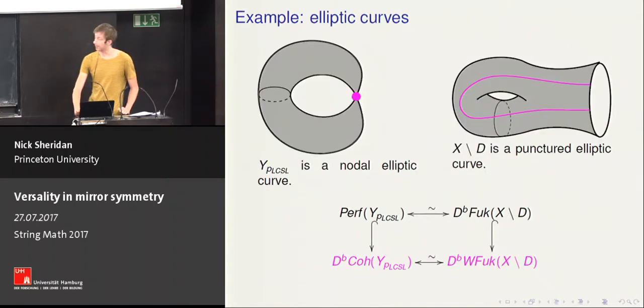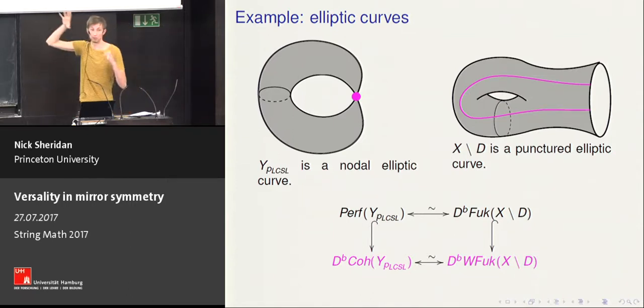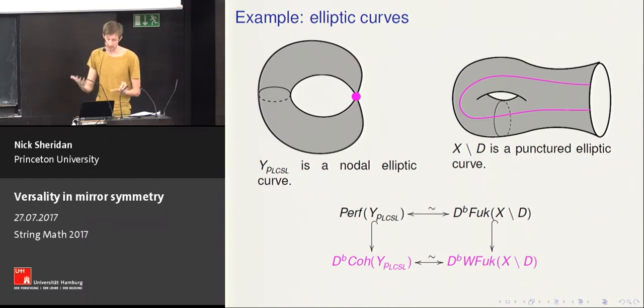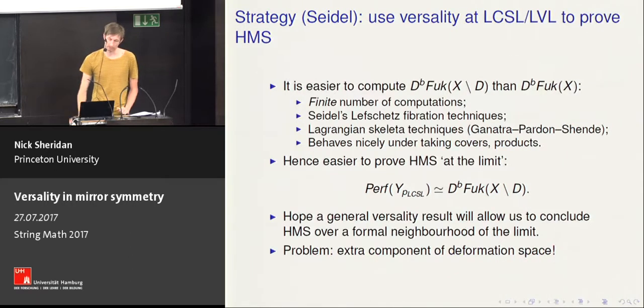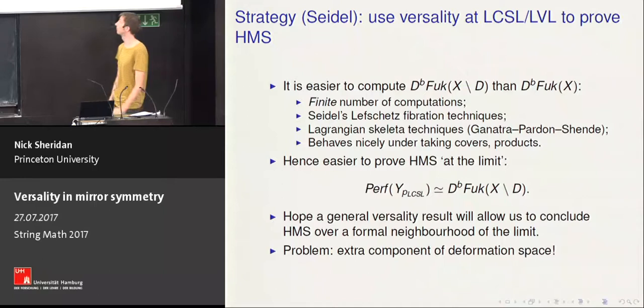And the idea here is to study this punctured elliptic curve by contracting it down onto a Lagrangian skeleton, which is a union of two circles meeting at a point. And then one can express this wrapped Fukaya category as global sections of some cosheaf of categories on that skeleton, on that complex.